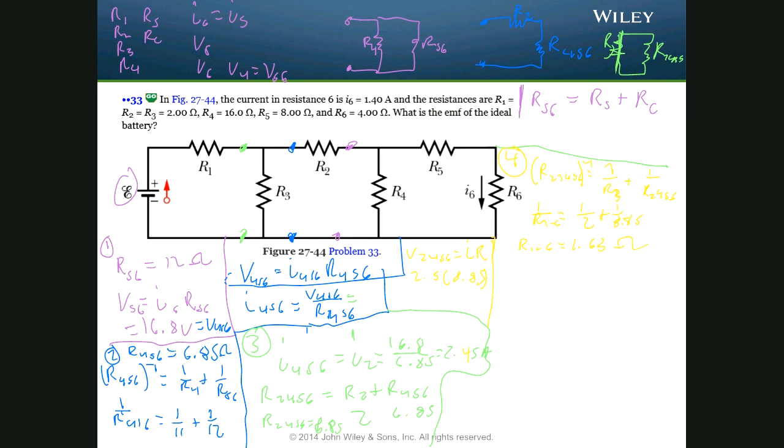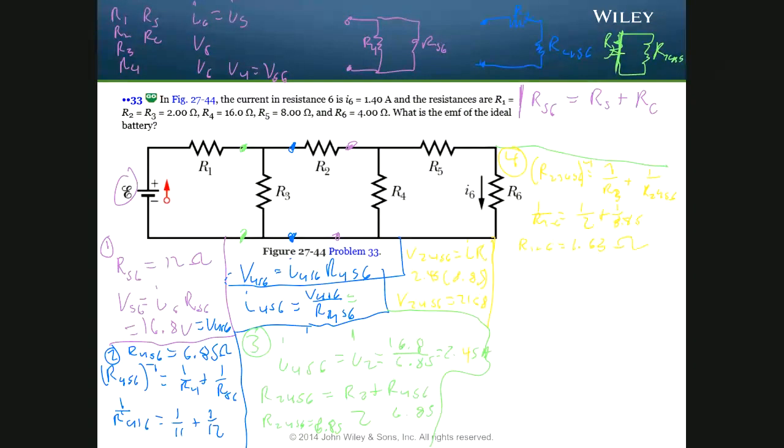So if we have 2.45 multiplied by 2.85, so then we'd have V2456 is equal to, I don't know, what's it equal to? 21.68. All right. So fun times.